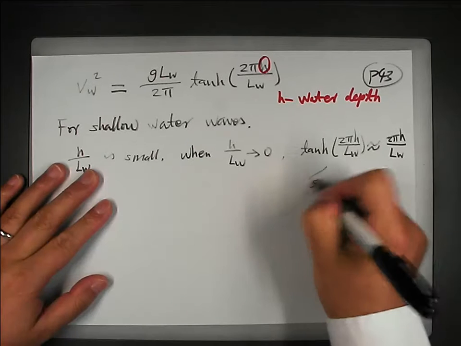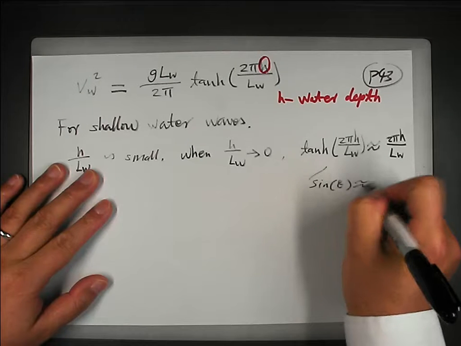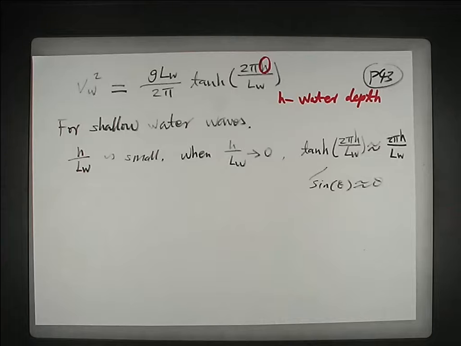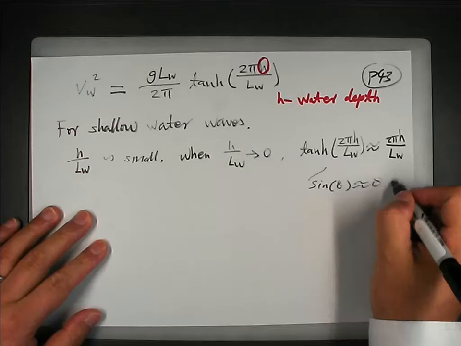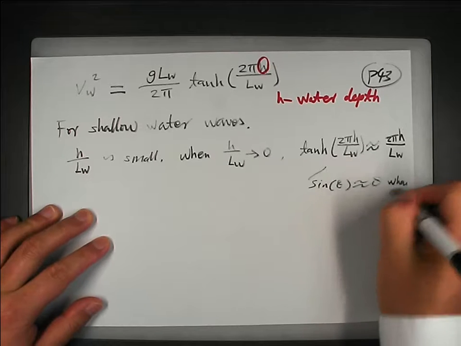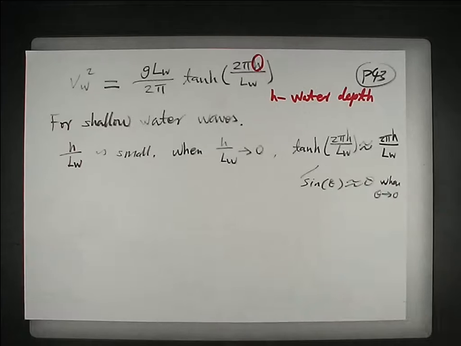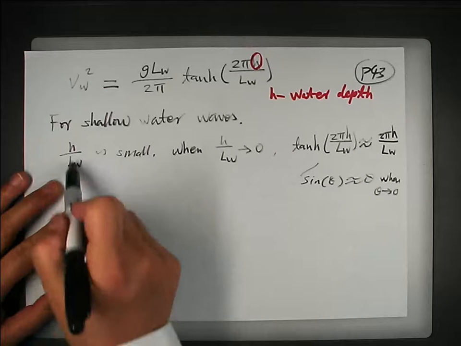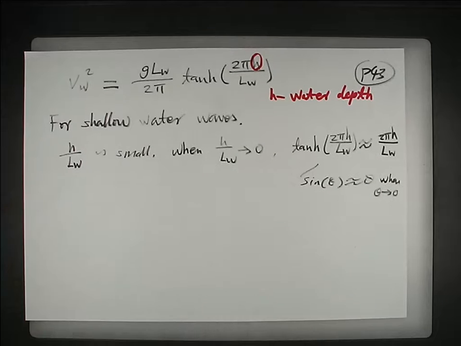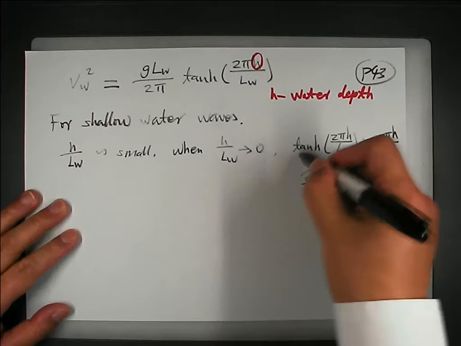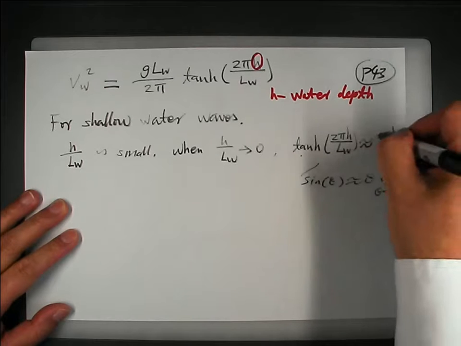Just like sin theta can be approximated by theta when theta tends to 0. It's the same rule. Tangent is sine over cosine. So because when H over L_W tends to 0, tanh can be approximated by this one.